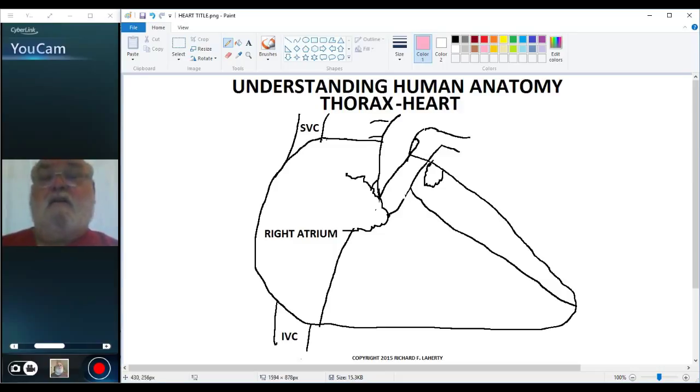Let me color the atria in pink, and let me close off the two vena cava.